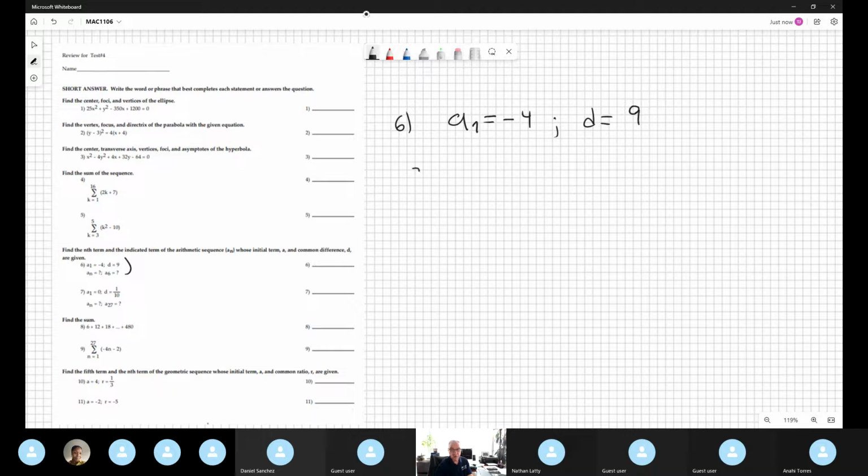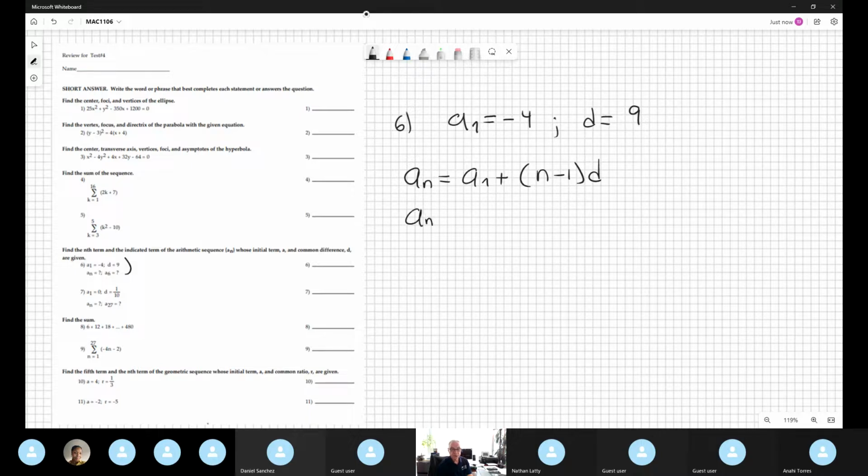Okay, I know this formula very well. a sub n is equal to a1 plus n minus 1 times d. It's a formula that allows us to find the number in any position inside the sequence. We need two pieces of information: the first term and the common difference.